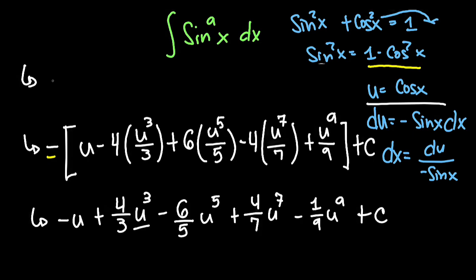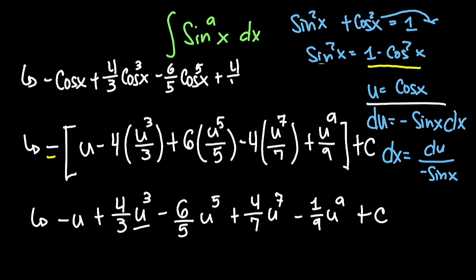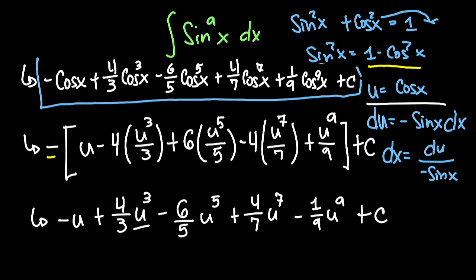So your final answer here would be equal to negative cosine of x plus 4/3 cosine cubed of x minus 6 over 5 cosine to the power of 5 of x plus 4 over 7 cosine to the power of 7 of x plus 1 over 9 cosine to the power of 9 of x plus c. There, that is your final answer.